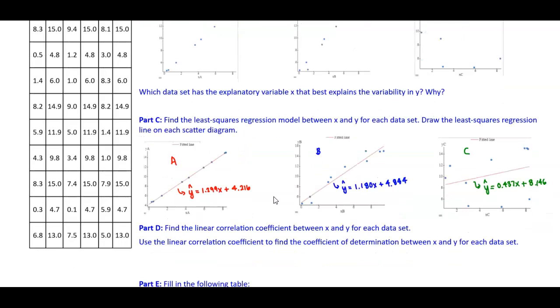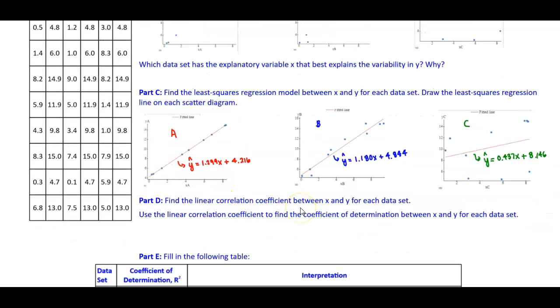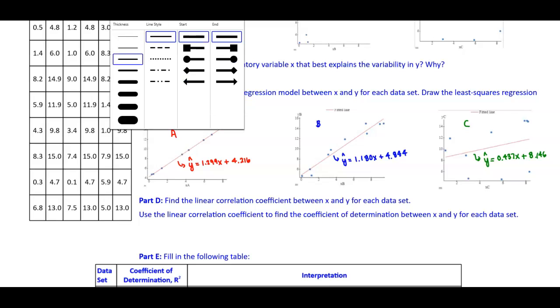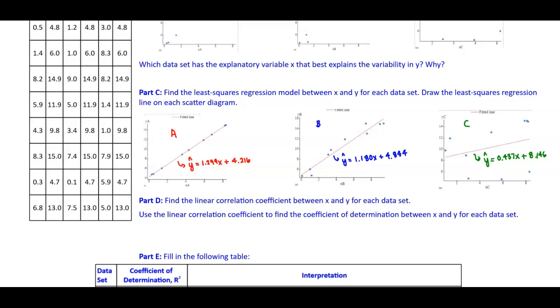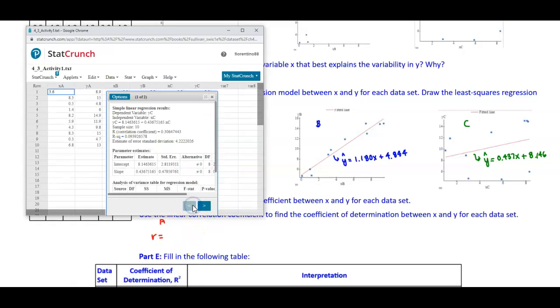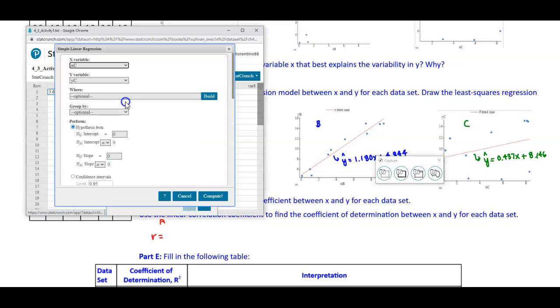Okay, so now it says to find the linear correlation coefficient between x and y for each data set. Okay, so let's take a look at data set A. So we want to find, for data set A, the linear correlation coefficient. So let's go ahead and do that. Let's go back to data set A, and then select compute.